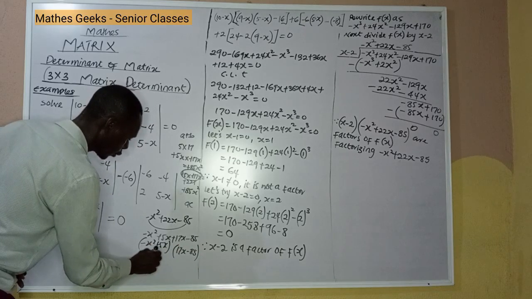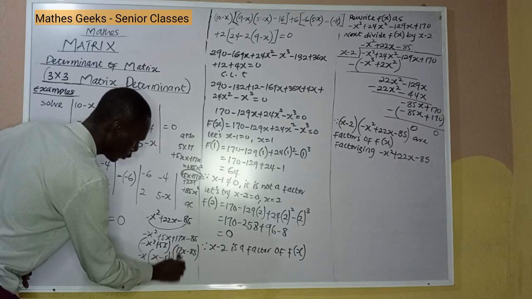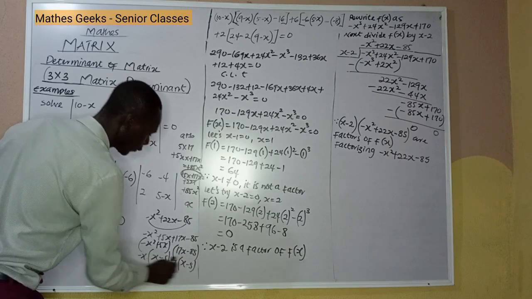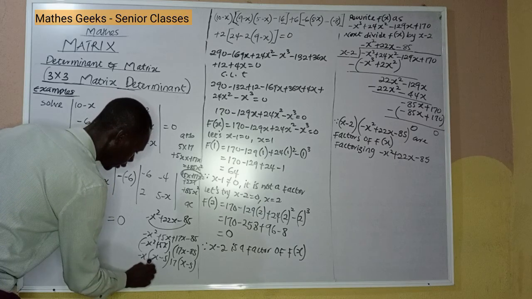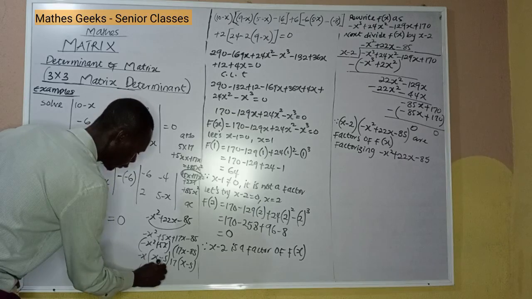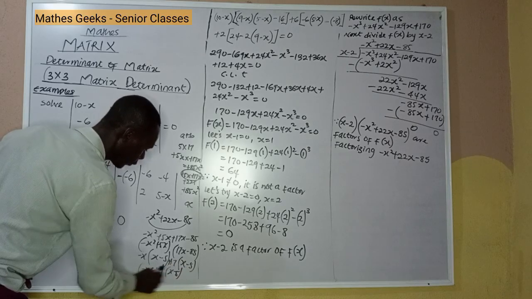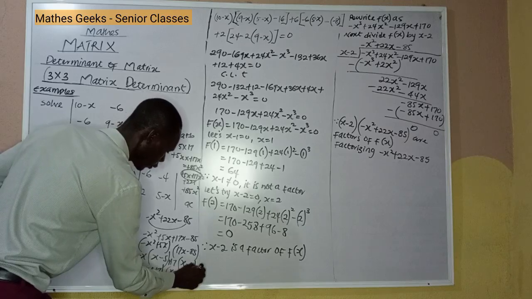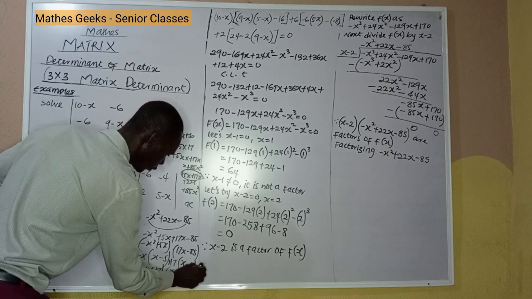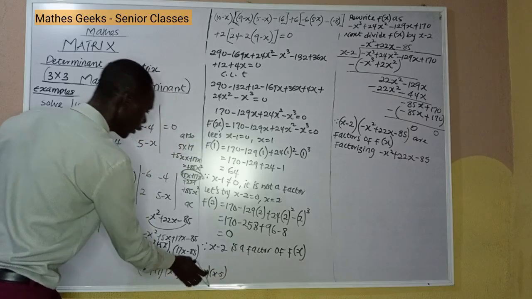Minus x is common: minus x plus 17 and x minus 5. Minus x plus 17 can also be written as 17 minus x and x minus 5. So it's a factorized form.